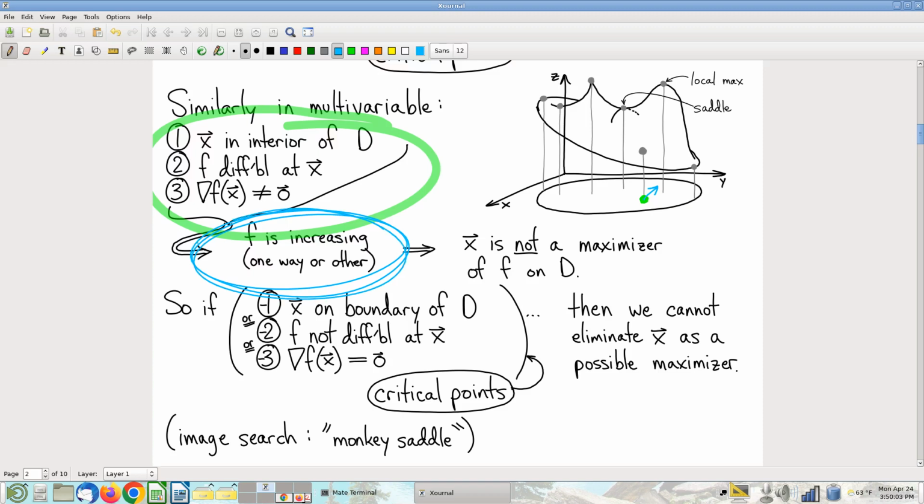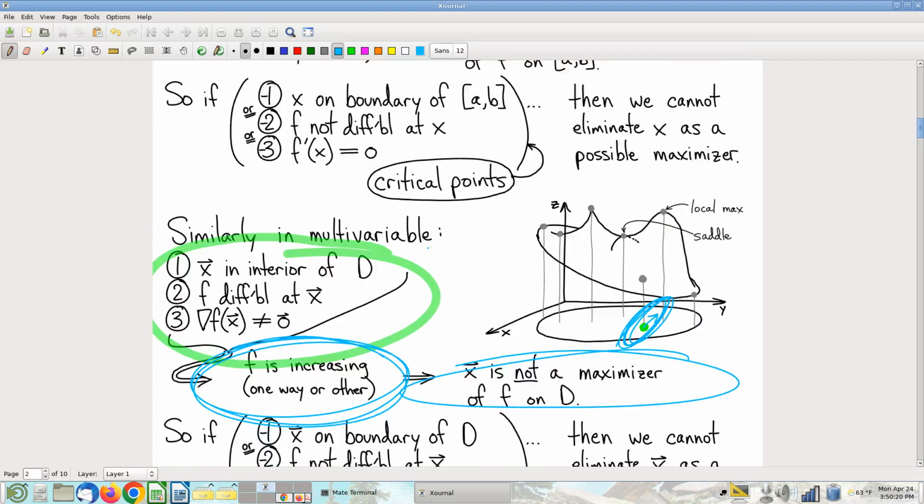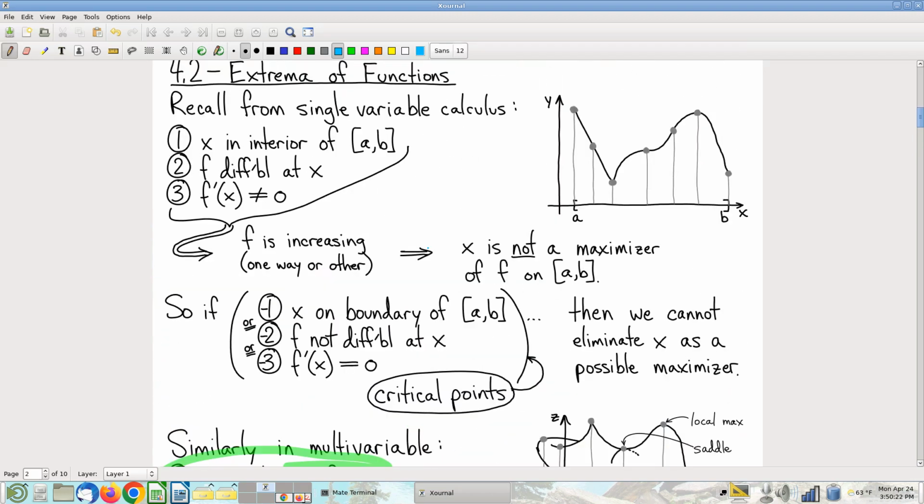Specifically, the function is increasing as I go in the direction of the gradient vector. Function's getting bigger. This couldn't possibly be the maximizer we're looking for. It's still getting bigger. Everybody see how that works? It's morally equivalent to what we did here in single variable.